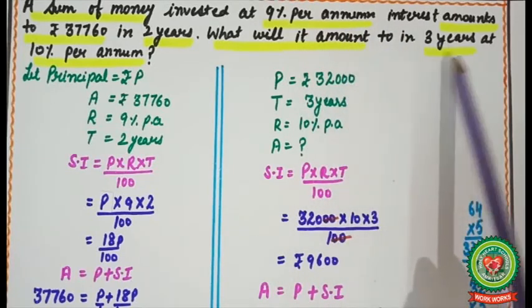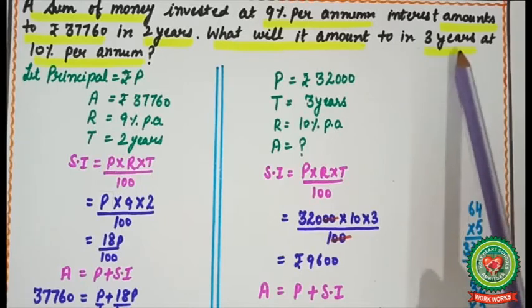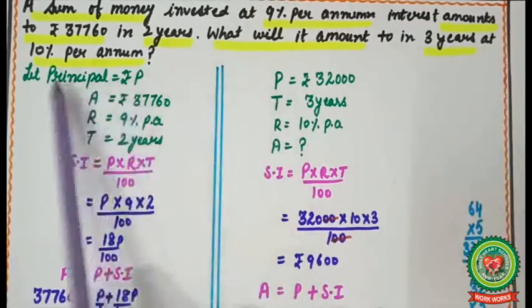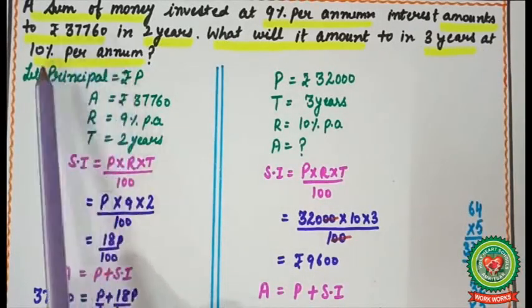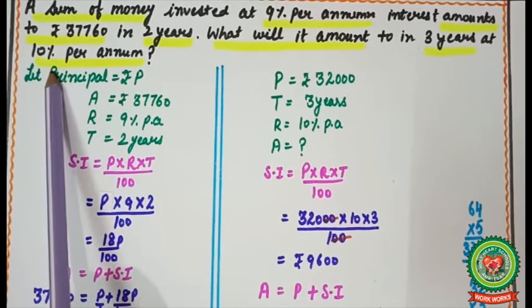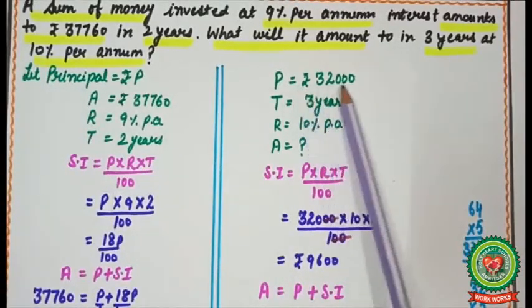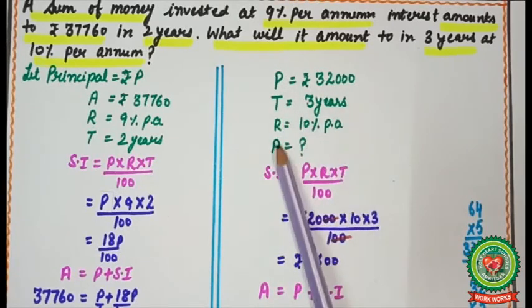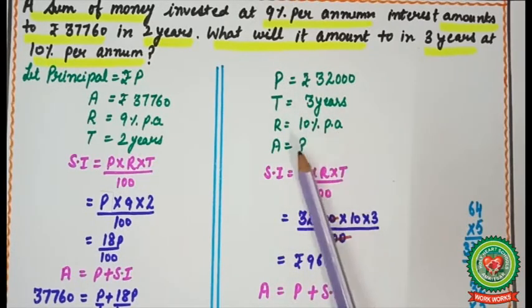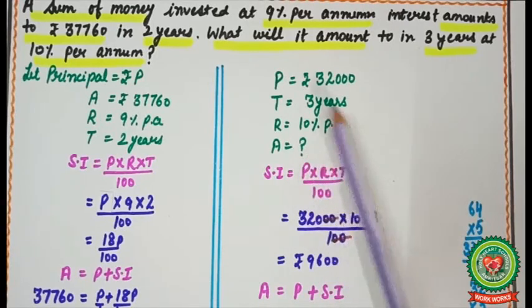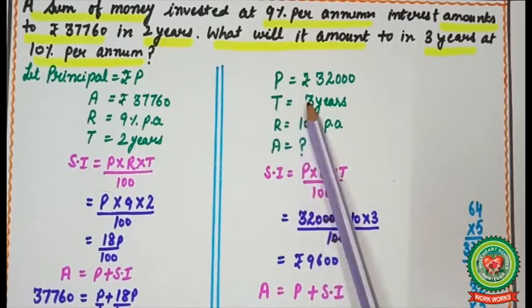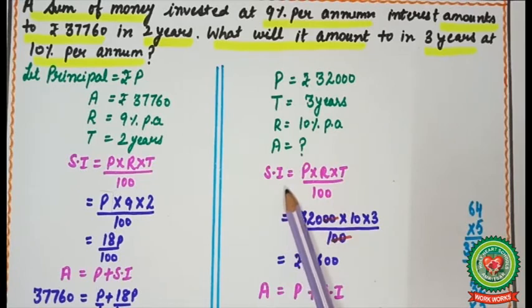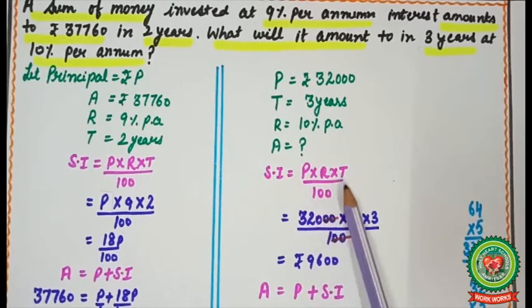But you can see here that the time has been changed, that is 3 years at 10% per annum. Also the rate has been changed, right? So we will write here the principal that we have found, rupees 32,000, time is equal to 3 years, rate is equal to 10% per annum, and the amount we need to find. Again, principal, rate and time are given, so we can apply the formula of SI equal to P into R into T upon 100.